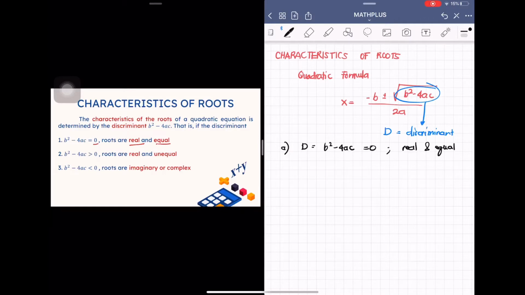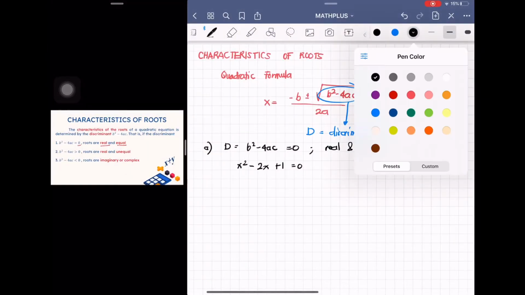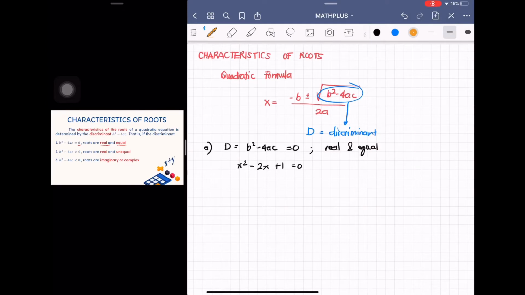Let's say, for example, you have x squared minus 2x plus 1 equivalent to 0. In this example, a is equivalent to 1, b is equivalent to negative 2, and c is equivalent to 1. If we solve for the discriminant, b squared minus 4ac, which is your D, by substitution that would be negative 2 squared minus 4 times a, which is 1, times c, which is 1 also.